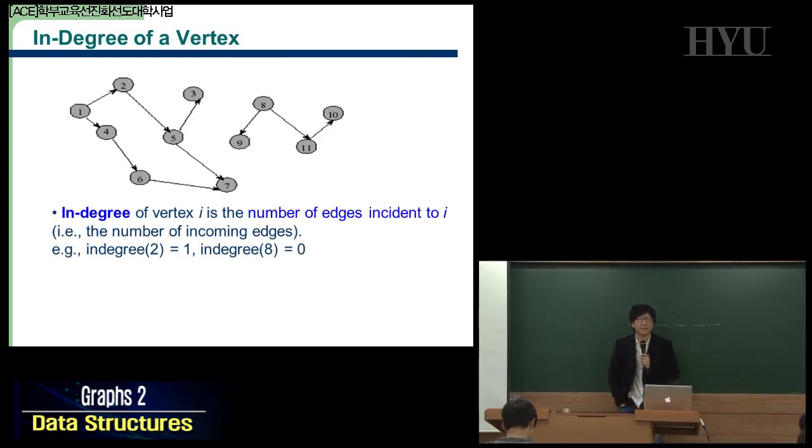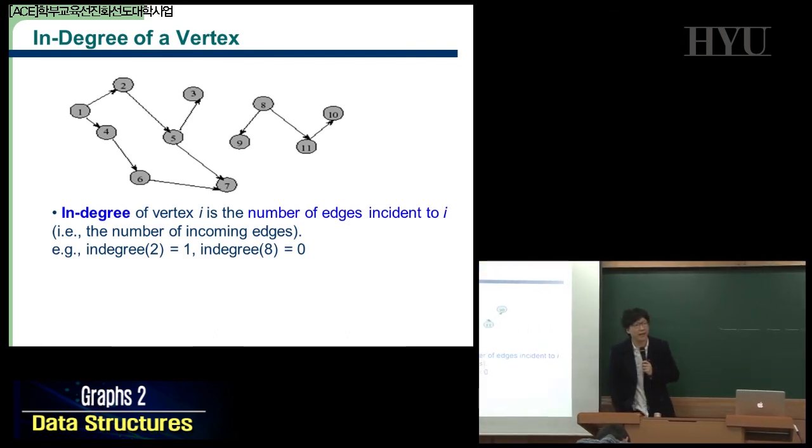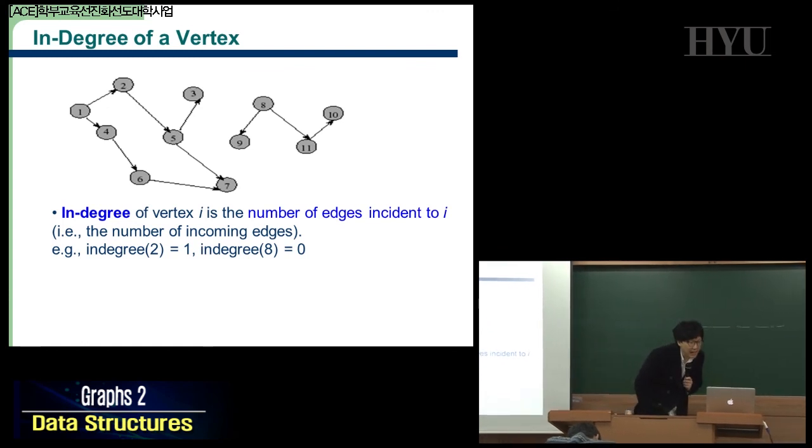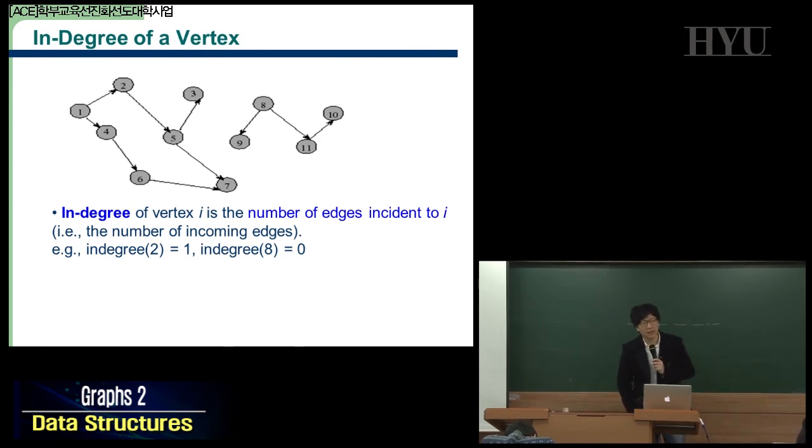Because no edges are pointing to node 8, right? The out degree of 8 is probably just 1, because 8 is pointing to 9 in that example. So in degree and out degree are another property that describes the directed graph, directed edges in it.